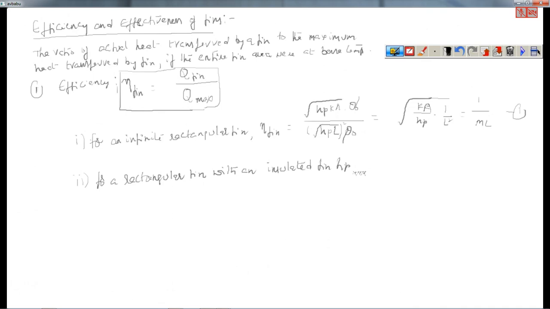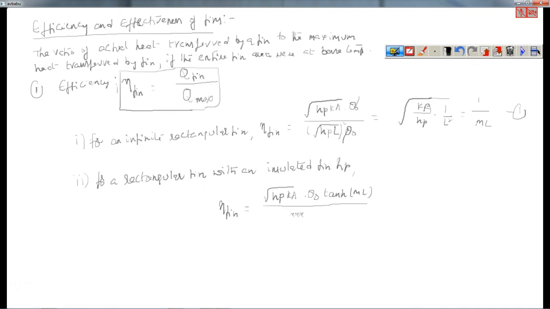Then in this case, fin efficiency is equal to the square root of hpka theta 0 tanh ml divided by, when the entire fin is at the same temperature, hpl theta 0.